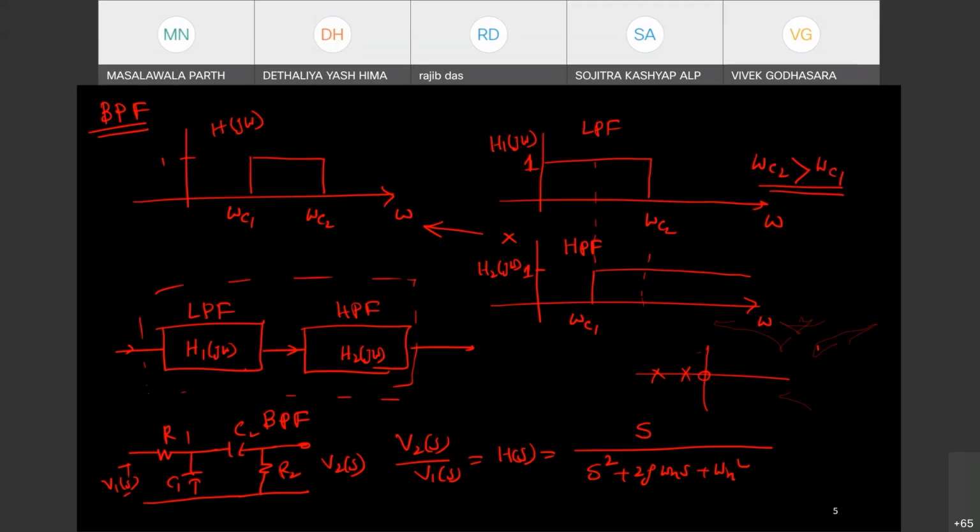Then only we'll get some overlapping area, otherwise not. But if you first consider the high pass filter and then the low pass filter, again you will get a product of these two, and the product of A and B and B and A is the same.